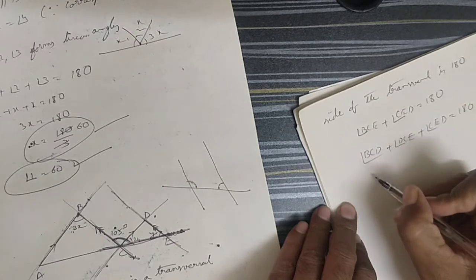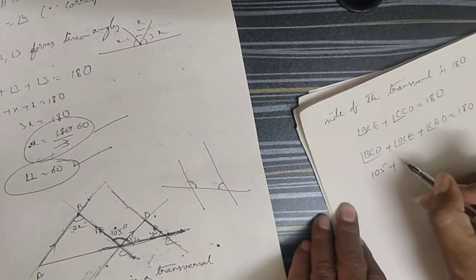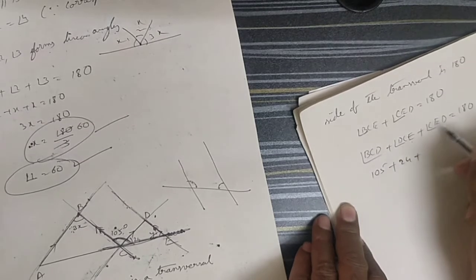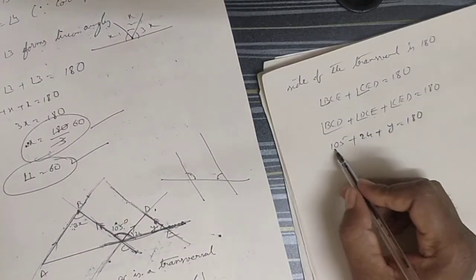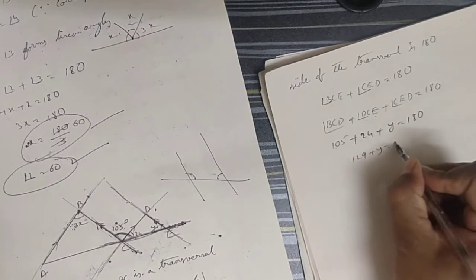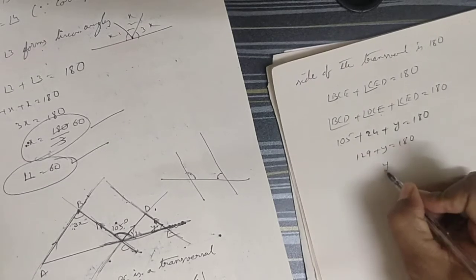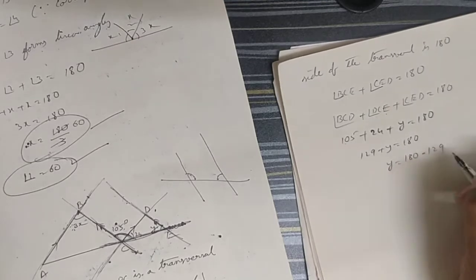BCD you can write as 105, DCE they given 24, CED is given as y, equal to 180. You substitute whatever they given. For 105, if you add 24, you get 129 plus y is equal to 180. If you make y the subject, 180 minus 129.